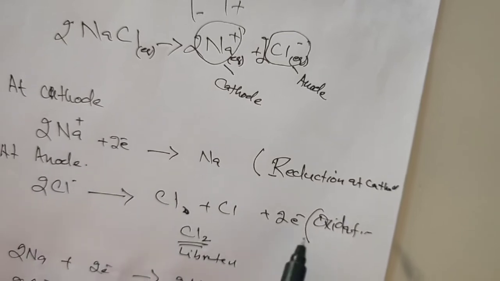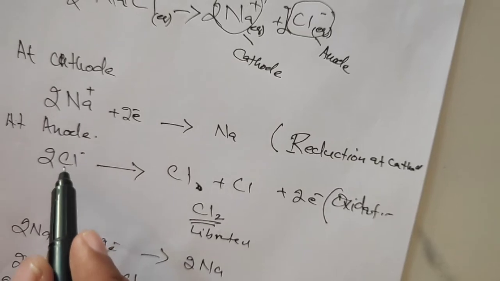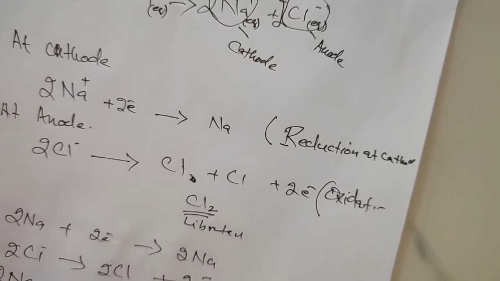And at the anode oxidation occurs. When chlorine loses its electrons and becomes electrically neutral, it makes Cl2 gas.